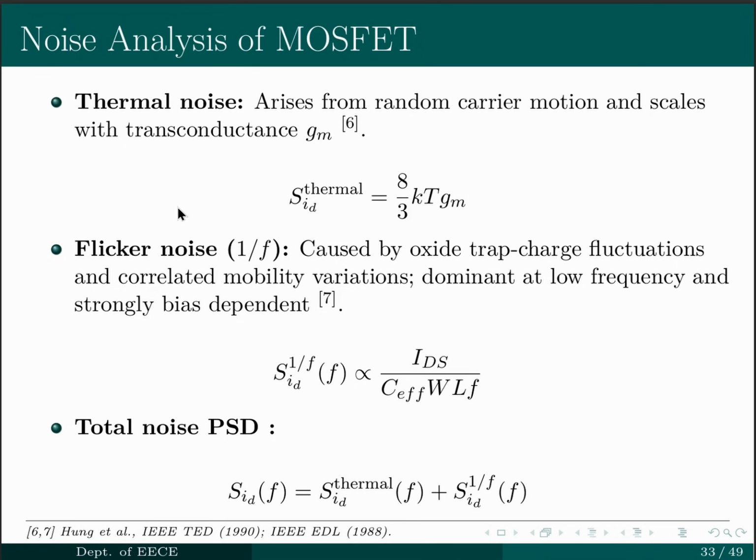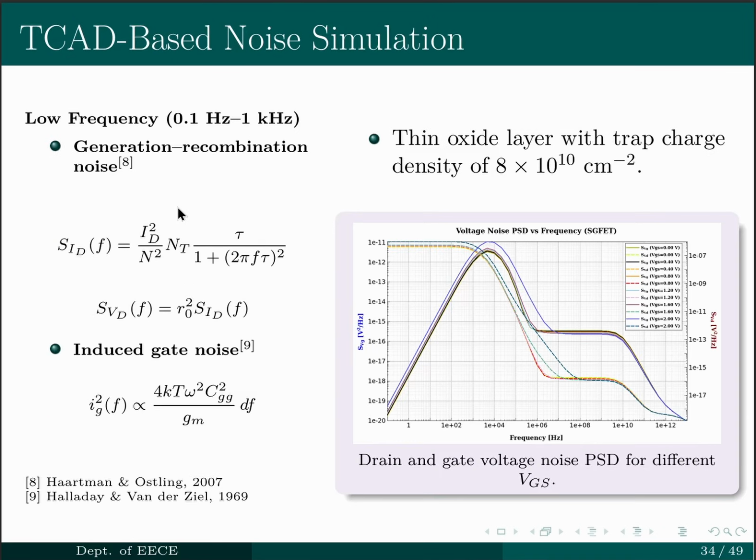Thermal noise comes from the random motion of the charges and the transconductance, and flicker noise comes from charge trapping and detrapping of the carriers, and also from mobility variation. The flicker noise depends on the device area and the drain current, and is inversely proportional to the frequency.